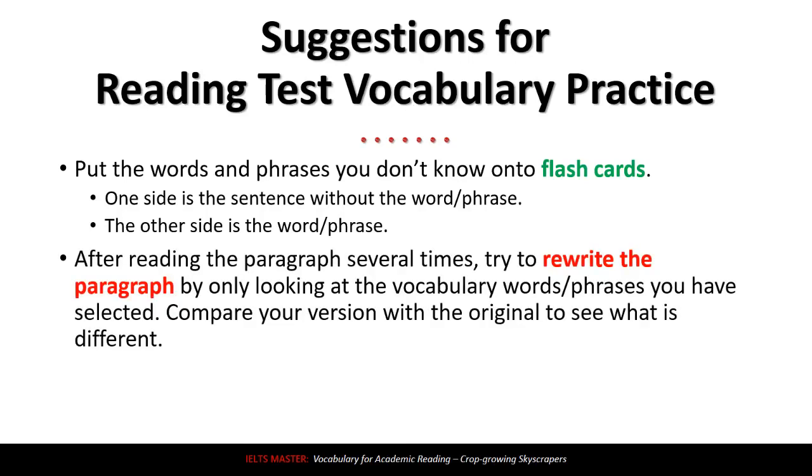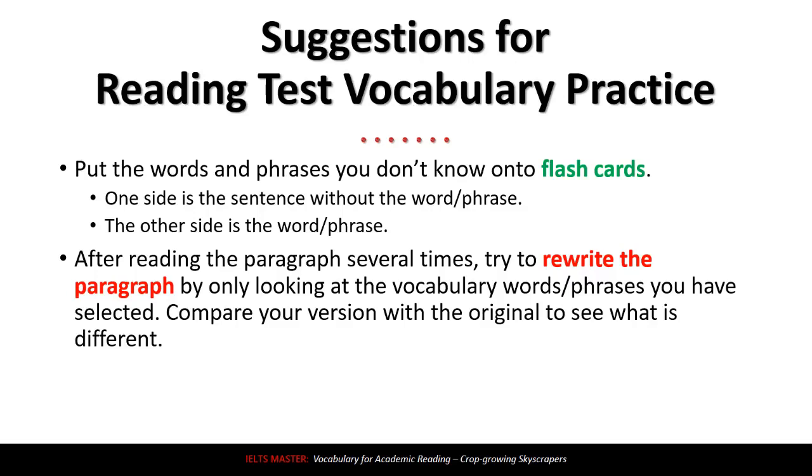Next, another idea is after reading the paragraph several times, try to rewrite the paragraph by only looking at the vocabulary words or phrases that you've selected. And finally, compare your version with the original to see what's different. This is also a very good way to analyze your vocabulary usage and your grammatical usage.